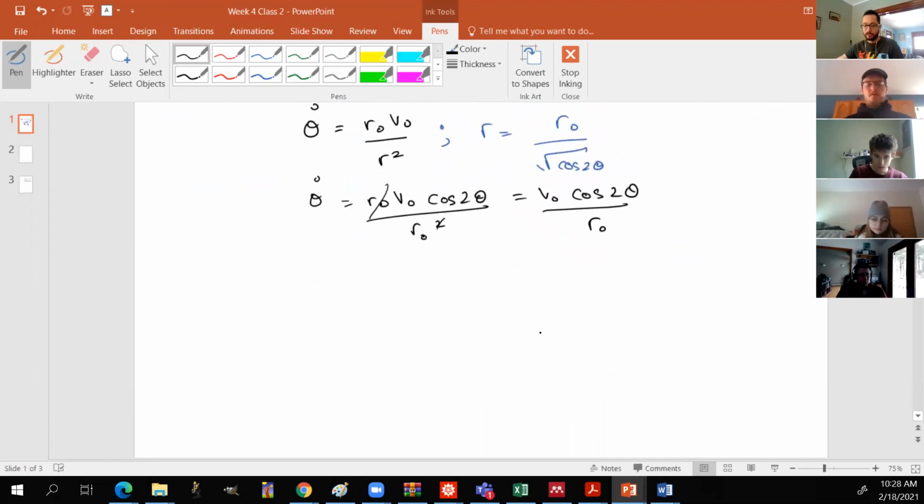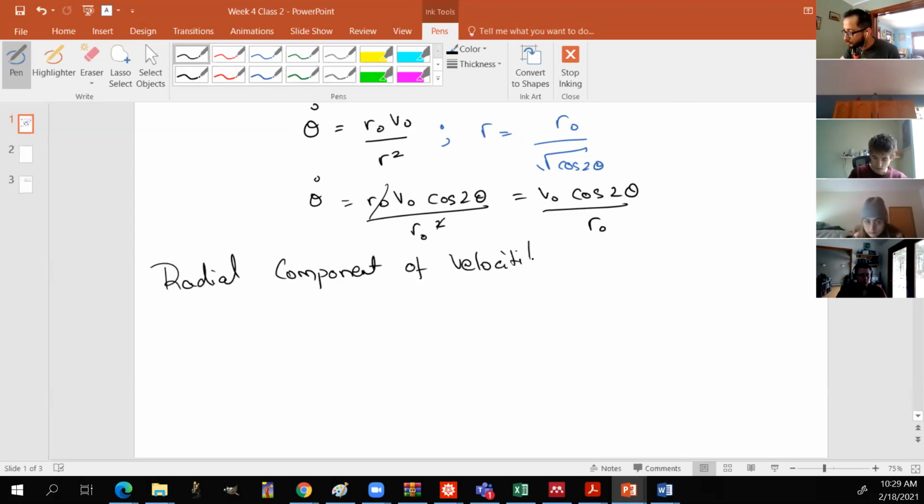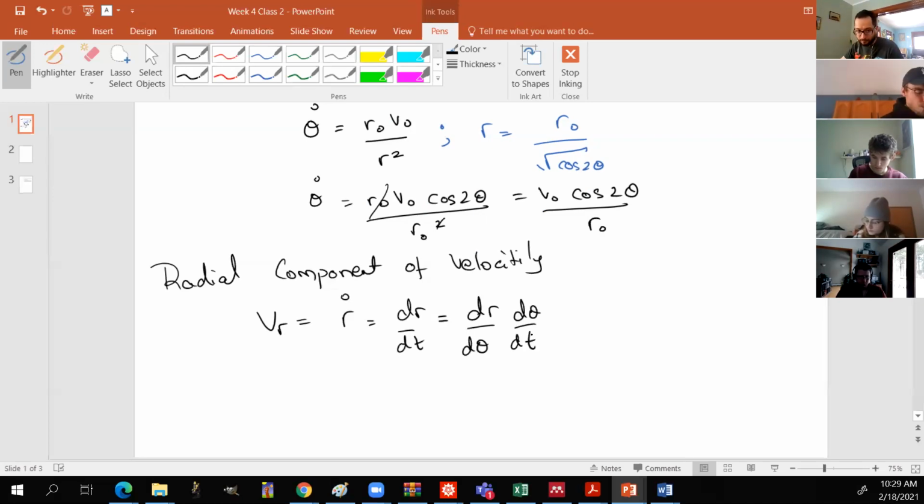Because, maybe we did it a little bit backwards, but for the radial component of the velocity, we know that that's equal to v_r, right? We know that that is just equal to r dot, right? And we know that r dot is dr over dt, and that can be written as dr over d theta times d theta over dt, right?